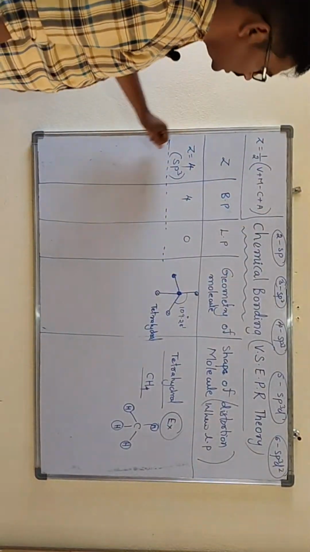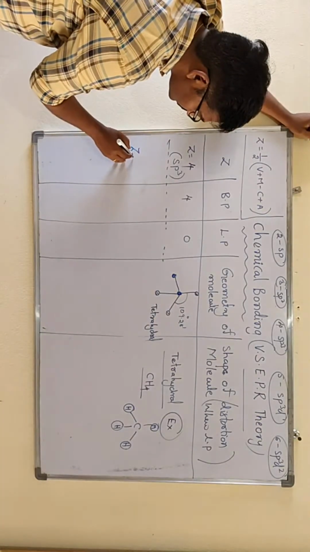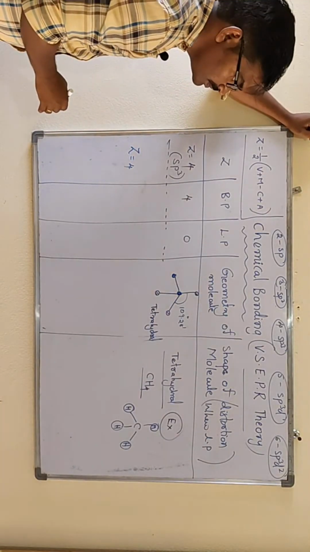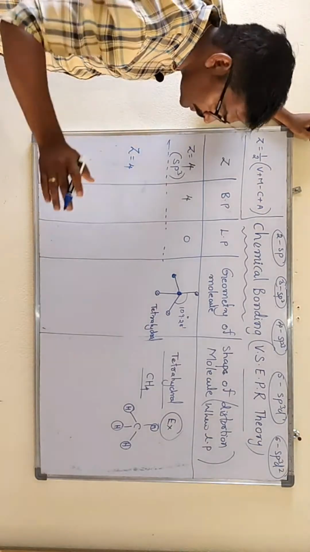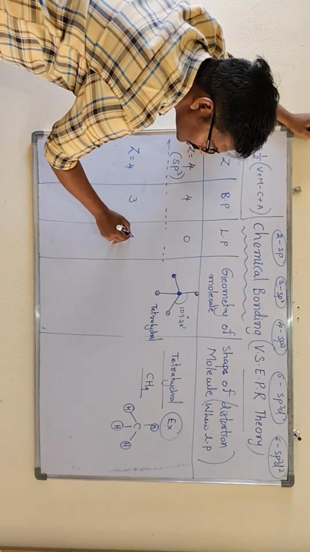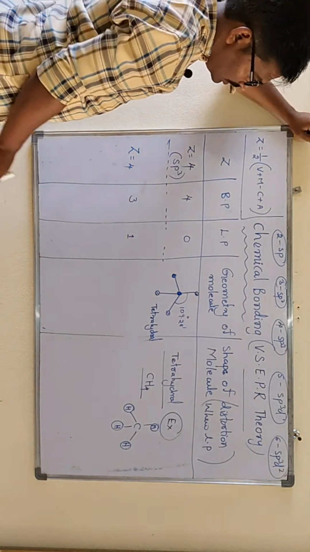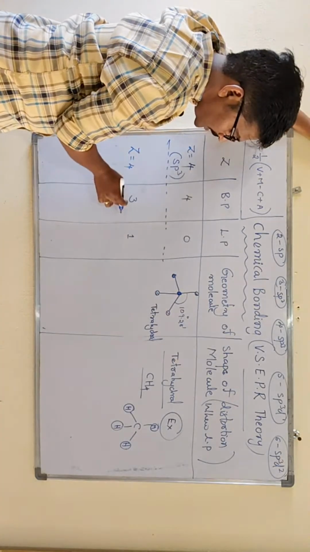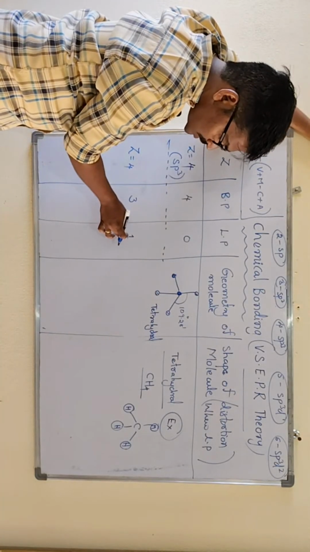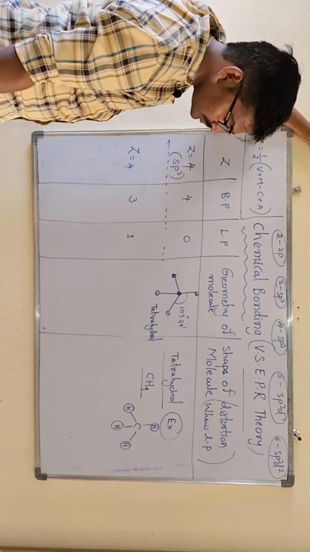Clear? Understand? Then come to Z value 4 with bond pairs of electrons only 3 and lone pair of electrons 1. So what does Z value mean? Bond pairs plus lone pairs both, that equals the Z value.